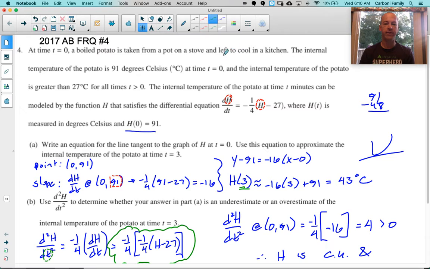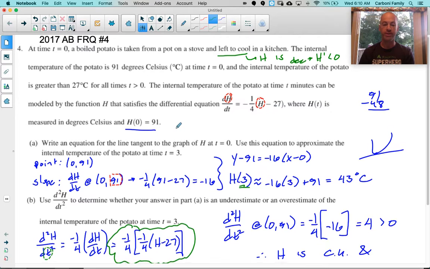the potato is left to cool. If the potato is cooling, that means your temperature is decreasing, which means that h prime would be less than 0. So because the temperature of the potato is cooling, we know that the derivative is always negative.